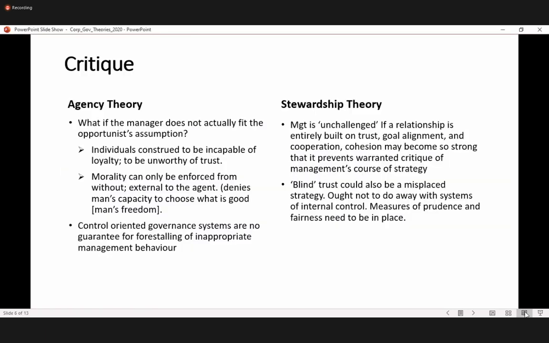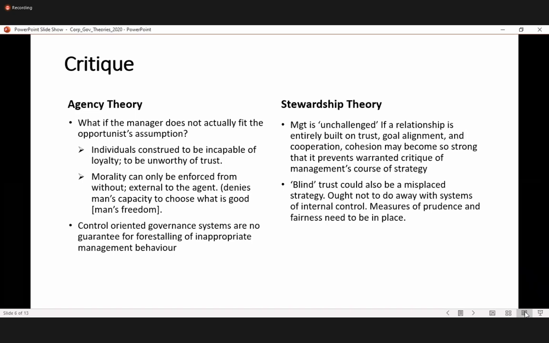So then let's analyze it a little bit more, because of the mistrust, no, in the dealings, that the agent is not trusted.